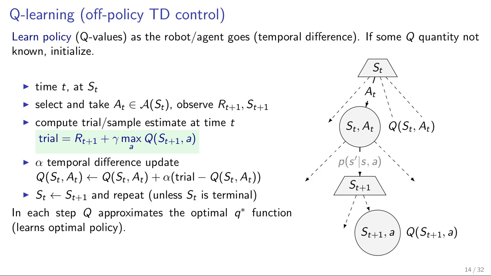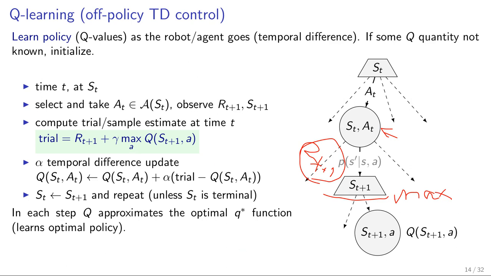Okay. And so it's called off-policy TD control, because we didn't talk about how the action is chosen. We will talk about it a little bit later, but in any case, here there is the max thing, which you see here.